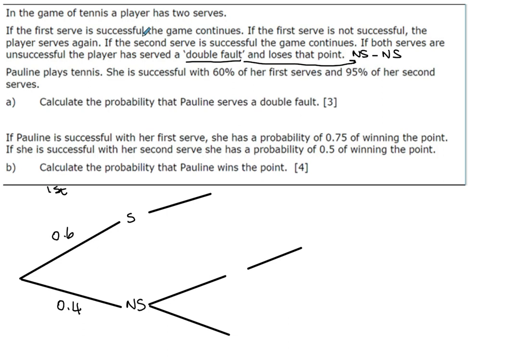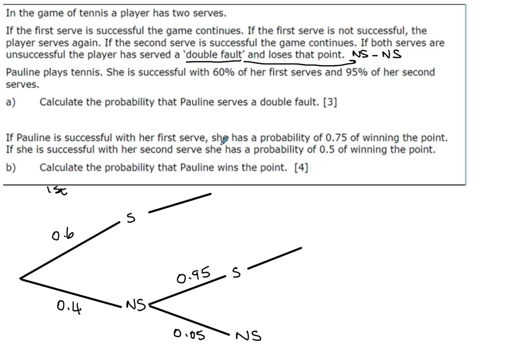Let's look at that again. If the first serve is not successful, the player serves again. So the second serve would be successful or not successful, and that would be 0.95, and that would be 0.05, because every branch has to total to 1.